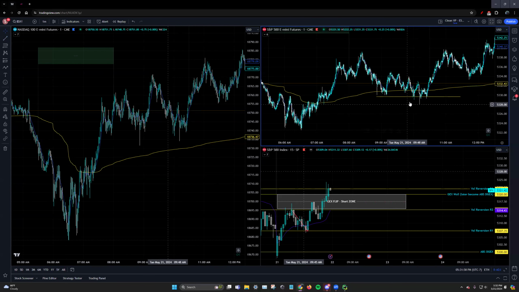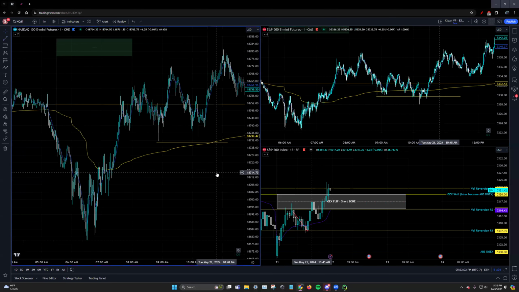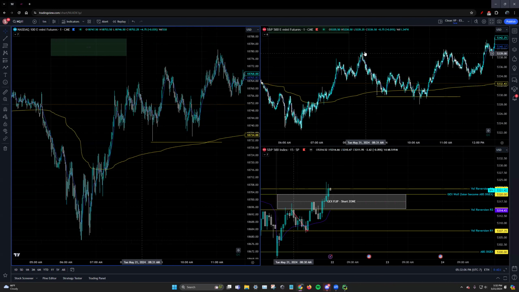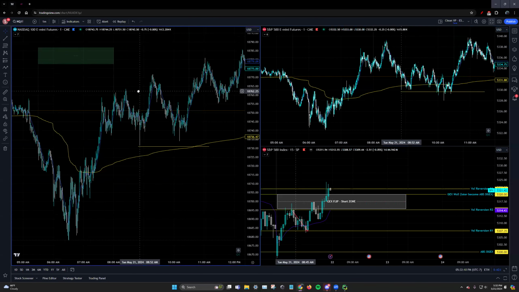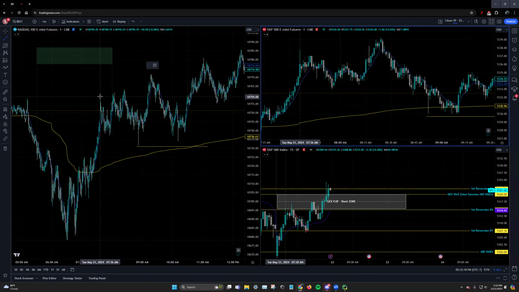Yep. Once again, ES took out the low, NQ did not take out the same low. Exactly why I hit a trim on that initial position when we got in on the original short. Next SMT as to why we entered shorts. Back here.